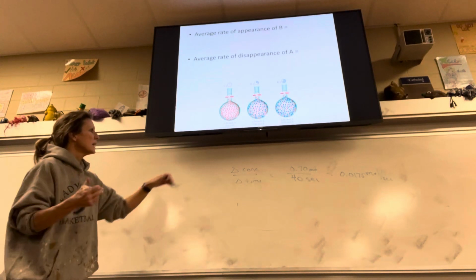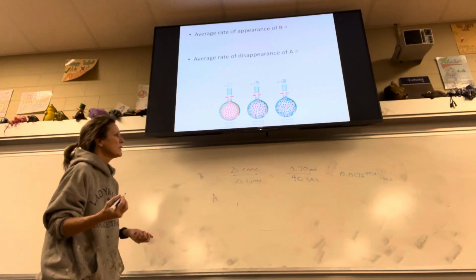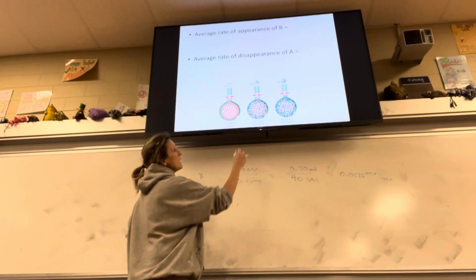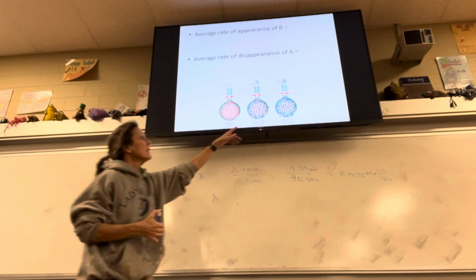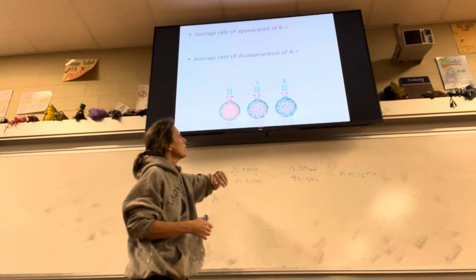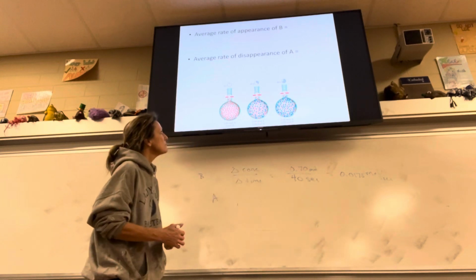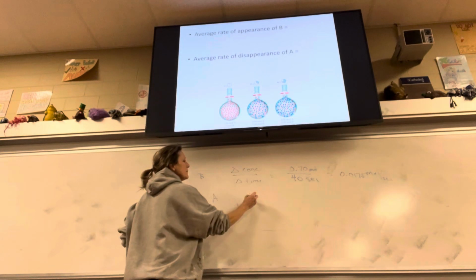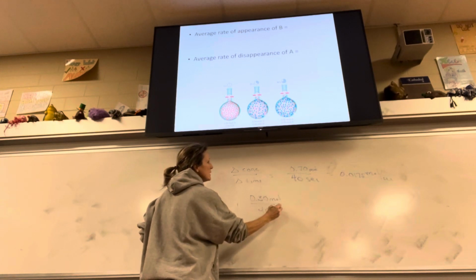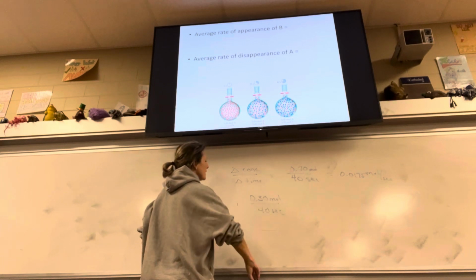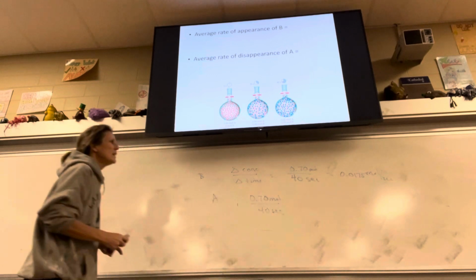So for A, if we want the full 40 seconds, we take the concentration of A. Here we started at 1 mole and we went down to 0.3 moles over 40 seconds. So our change in A is 0.7 moles over 40 seconds.